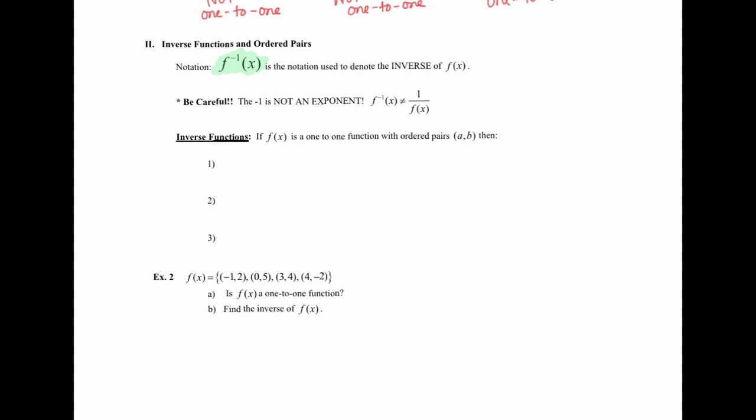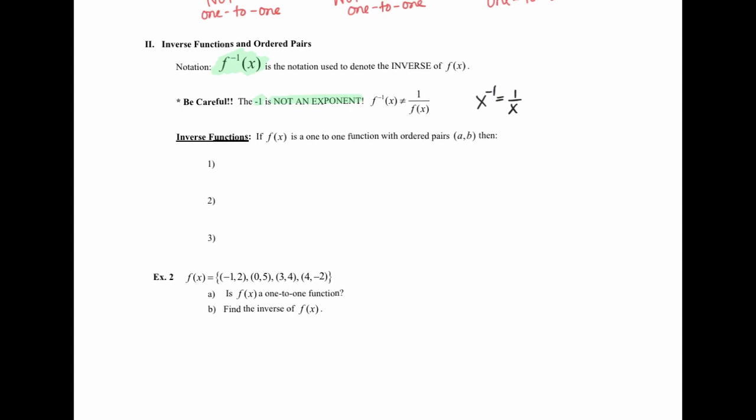And what you have to be careful of here, this is pronounced the inverse of f. However, that -1 is not an exponent. So be careful. This is not f to the negative first power. In other words, remember, negative exponents, let me show this off to the side. If we had x to the negative first power, that means it's really the same as 1 over x.